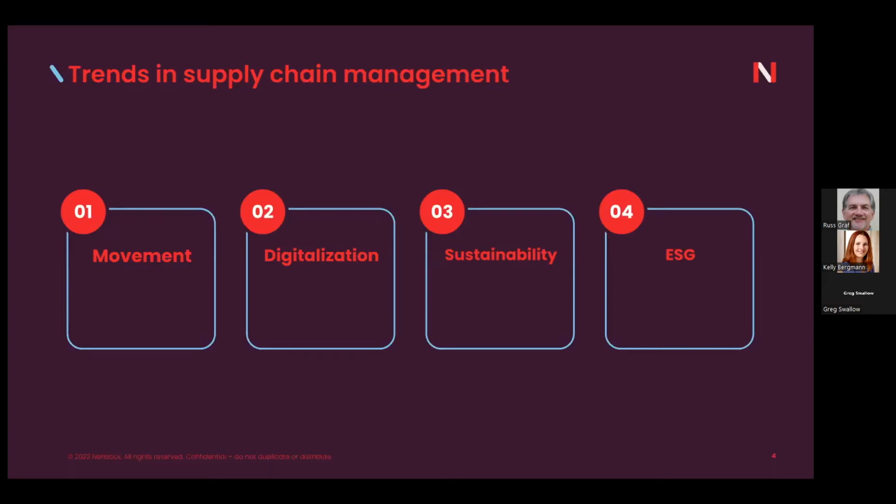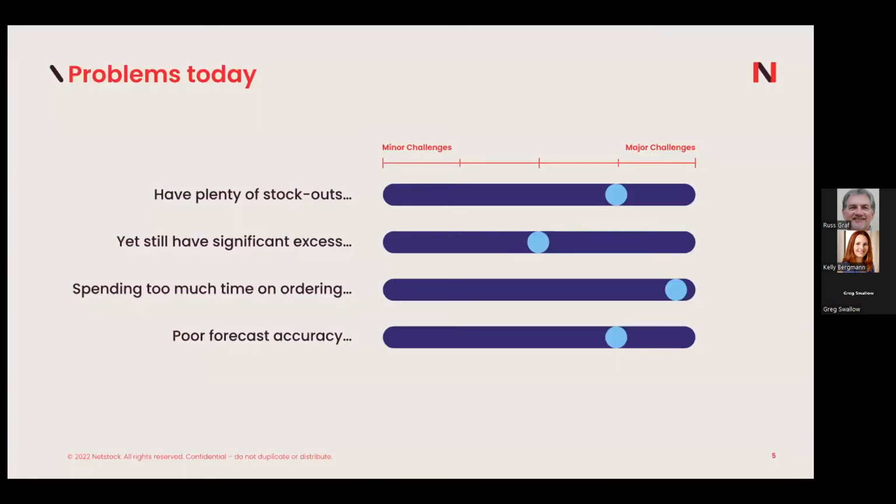So a number of trends, again, that were already in place have been accelerated as a result of COVID in many cases. And so all this combines for you as an individual or in your organization, you've got challenges, right? You're still experiencing plenty of stockouts because of all the supplier issues that we've talked about, but you may still have some items that are in significant excess because you've had volatile demand.